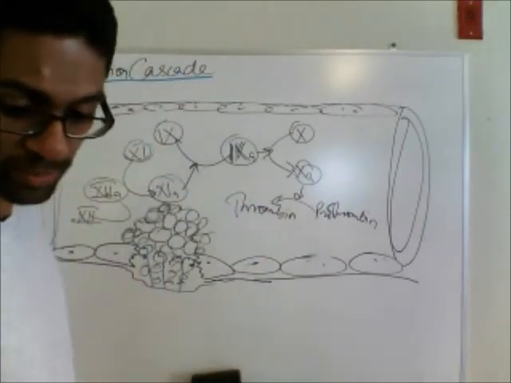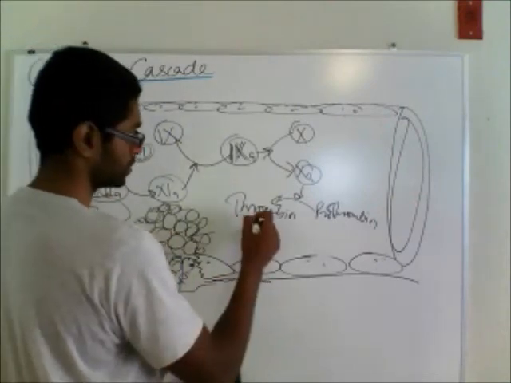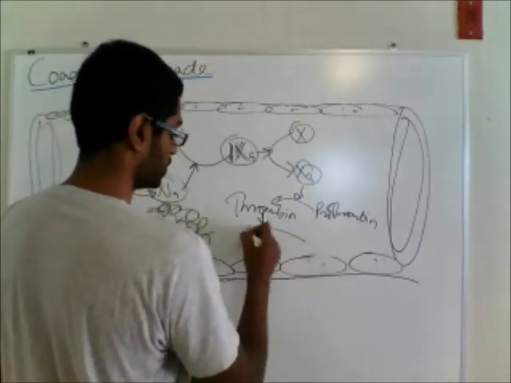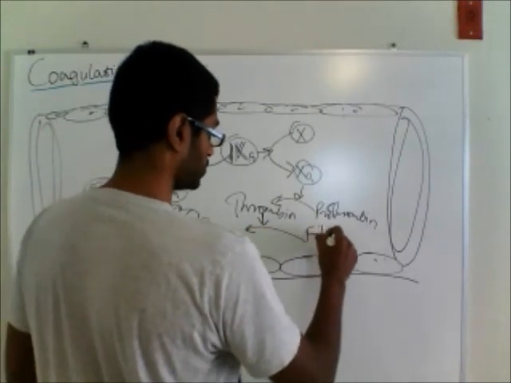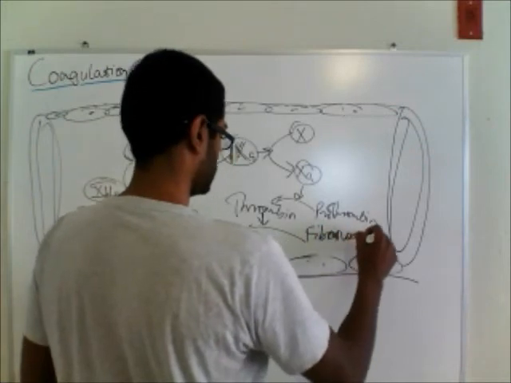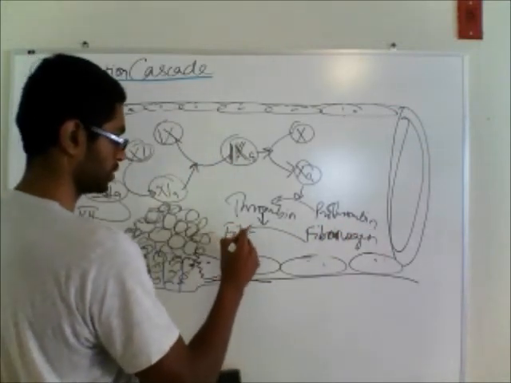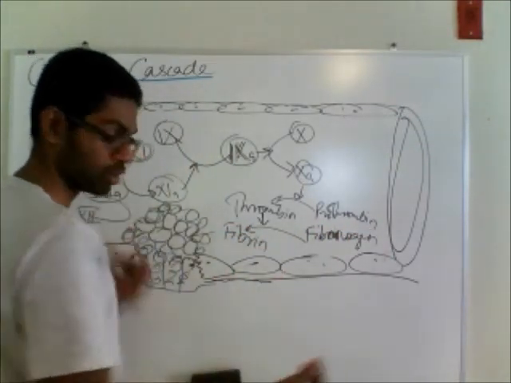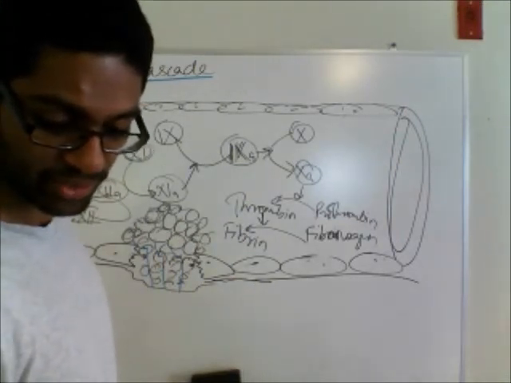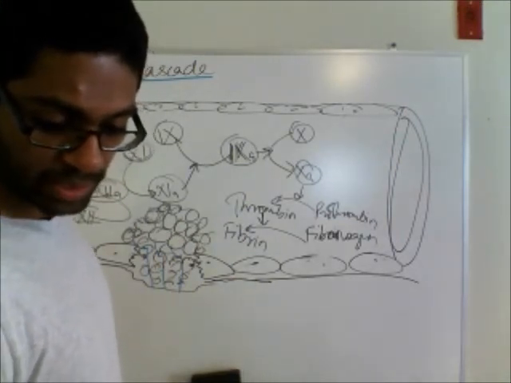Okay, and what does thrombin do? Helps turn fibrinogen into fibrin. Very good. So now thrombin turns fibrinogen into fibrin. The good old glue that sticks everything together.